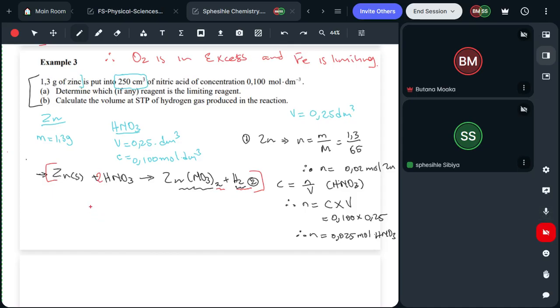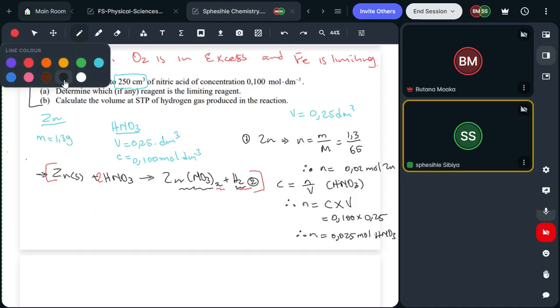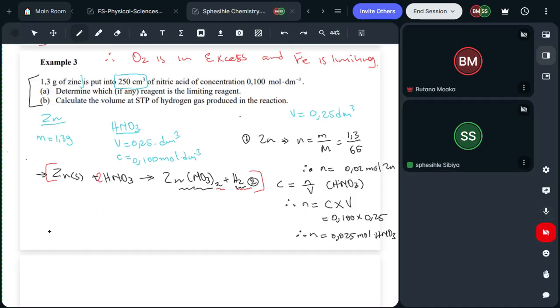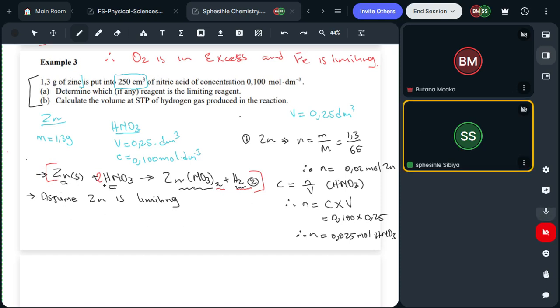So now, the most important thing is to understand that we said we're going to assume. So I need to assume that one reagent is limiting, and I'll assume that my Zn is limiting. So if Zn is limiting, then looking at the mole ratio, the Zn is 1, the nitric acid is 2.